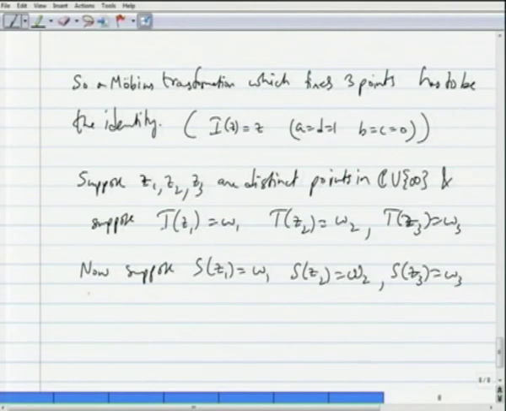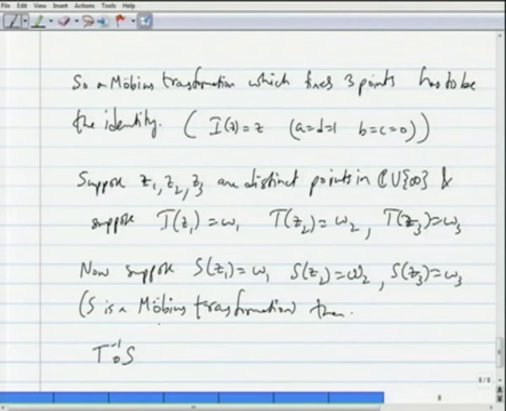S is a Mobius transformation. Then you notice that if you apply T inverse circle S to any of the points Z 1, Z 2, Z 3, what you get is T inverse circle S of Z 1 is equal to Z 1, and T inverse circle S of Z 2 is equal to Z 2, T inverse circle S of Z 3 is equal to Z 3.